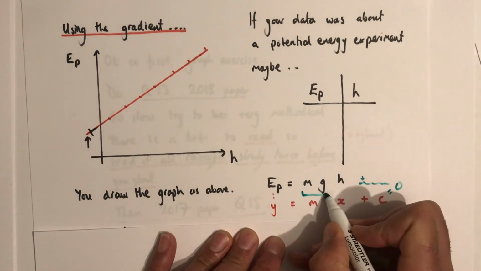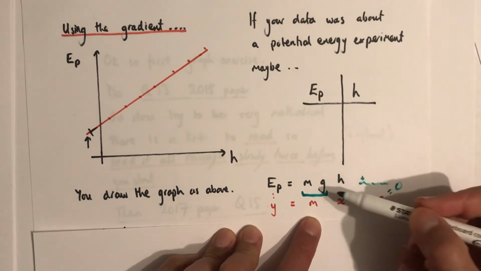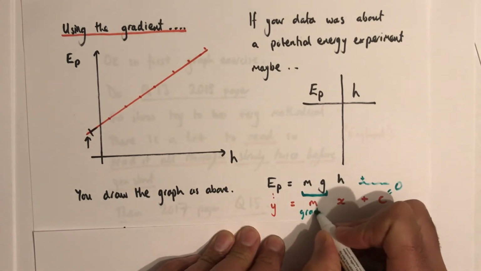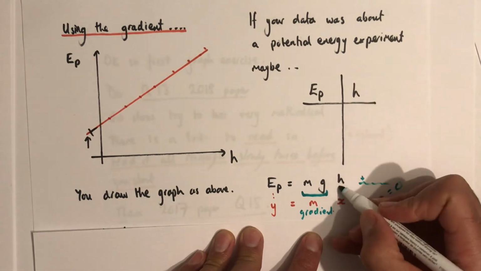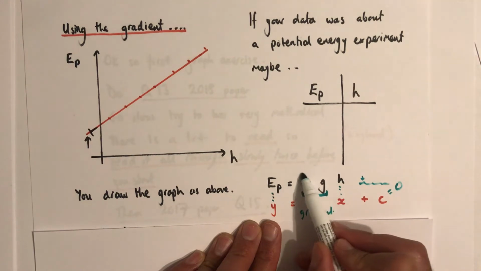Secondly, it's a bit awkward in that the standard maths form of m could be confused here, because we know that m is the gradient. In our case, h is the x, EP is the y, so all this is the gradient.